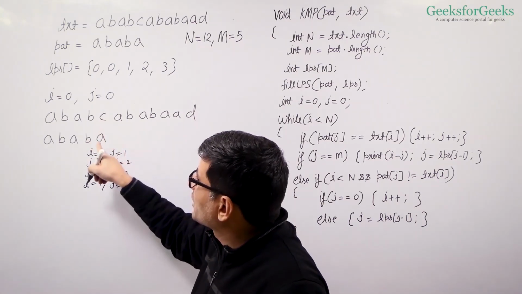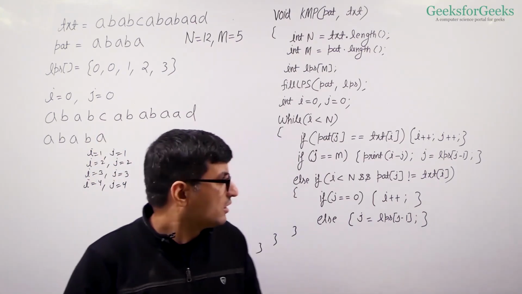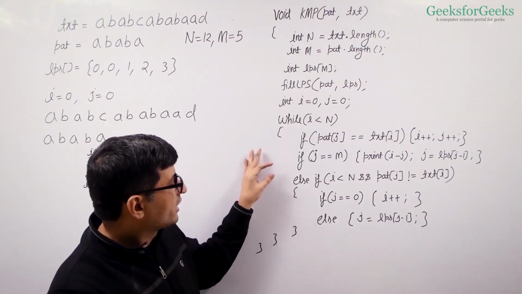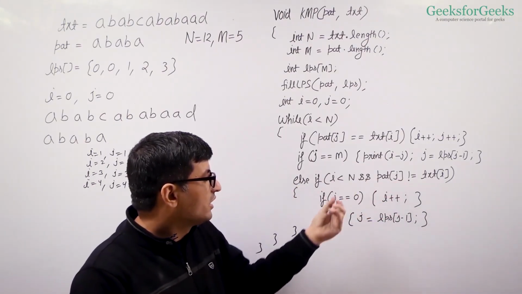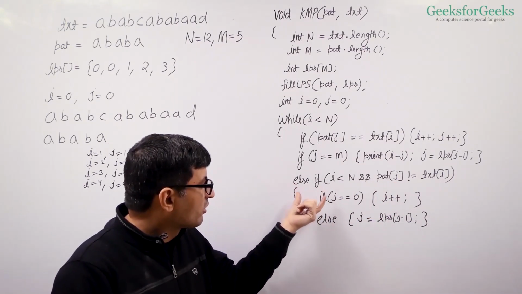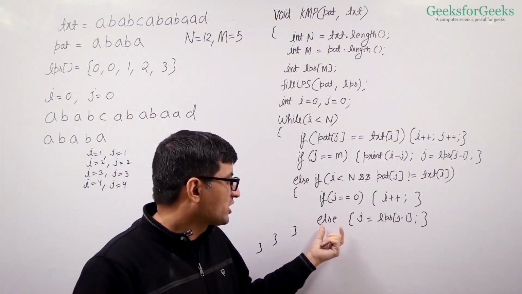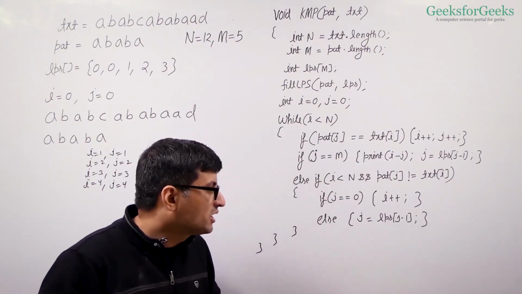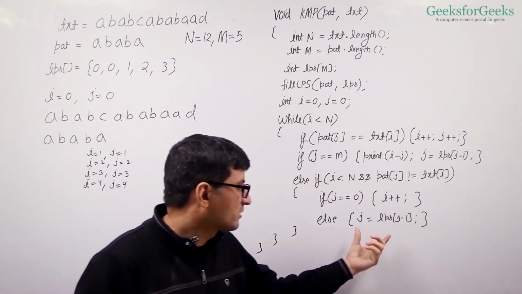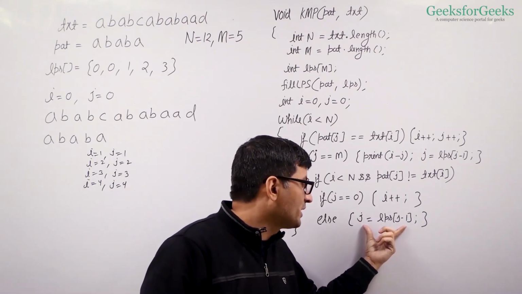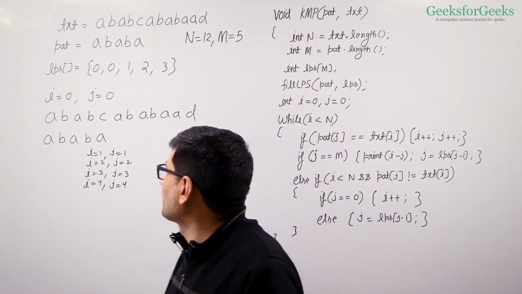And when i is 4 and j is 4, they do not match. Right? So we come into the case that characters do not match. And which case are we in? There are two cases in this. j is not 0, right? So we are in a case when we have seen a mismatch after certain matches. So we consult the LPS array to find the next value of j.